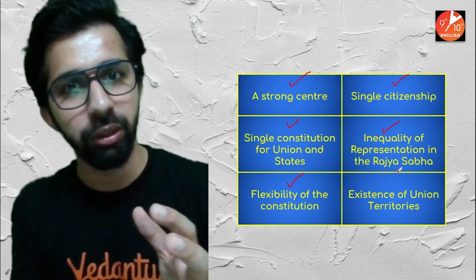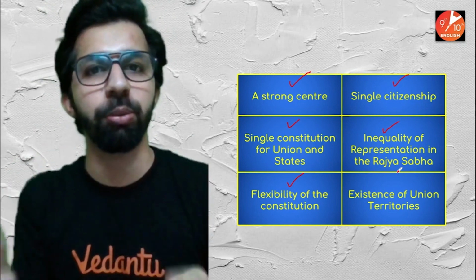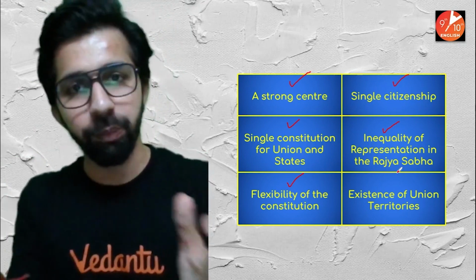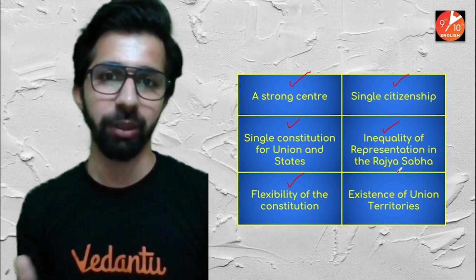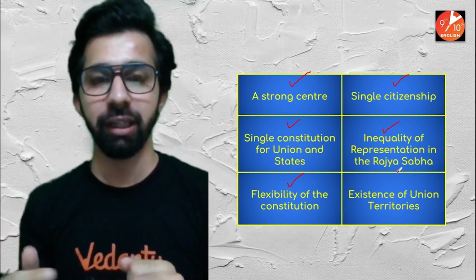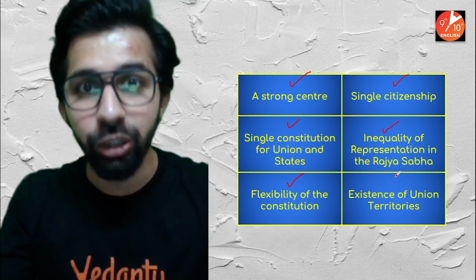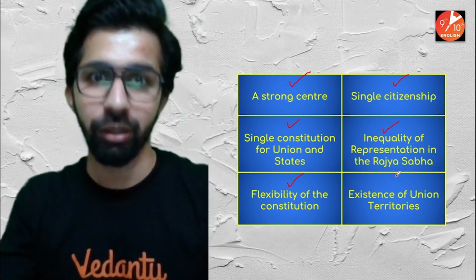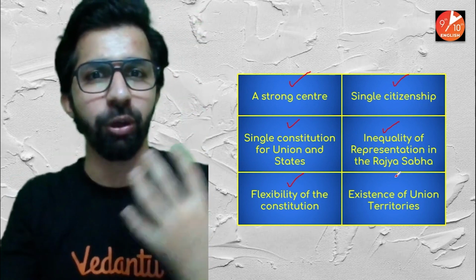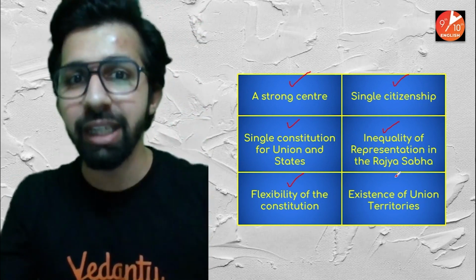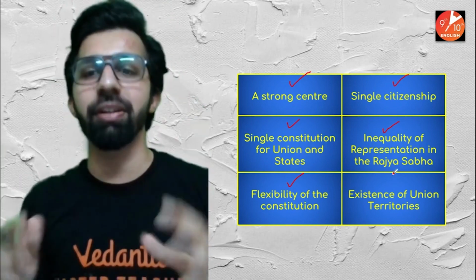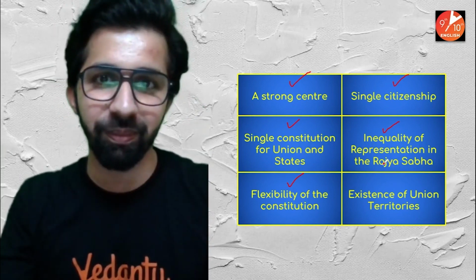If the population of the state is more, the number of representatives from that state is going to be more. If the population is less, the number of representatives from the state is going to be less. On the other hand, the president has a right to nominate 12 members from some special fields. They can be from art, science, social sciences. So again, we can say that the central government is much more powerful.